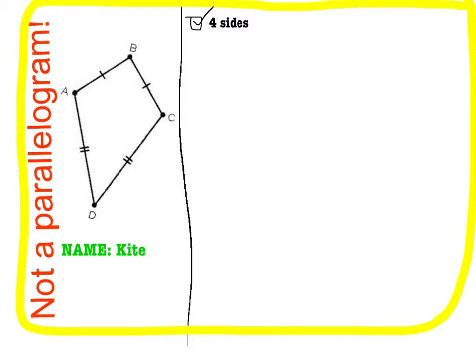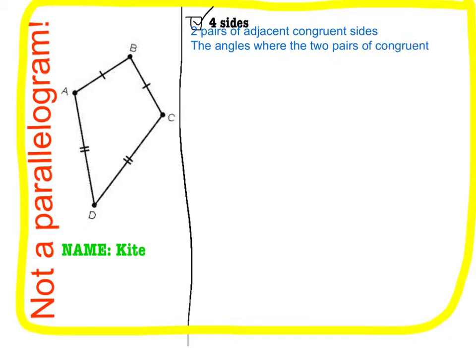One of the qualities of a kite is that it has 2 pairs of adjacent, and that means right next to each other, congruent sides. So that's one of the criteria. On the next line, and this one's kind of long-winded, it says the angles where the 2 pairs of congruent sides meet, those angles are congruent.